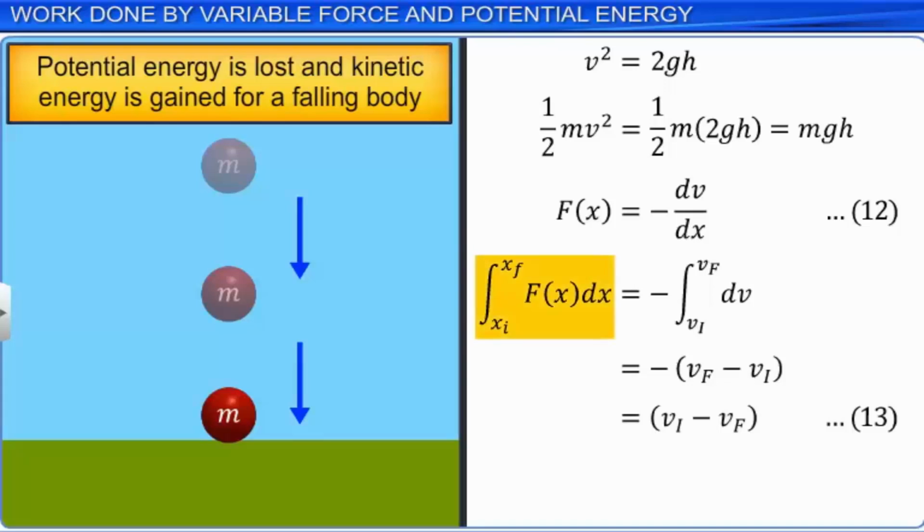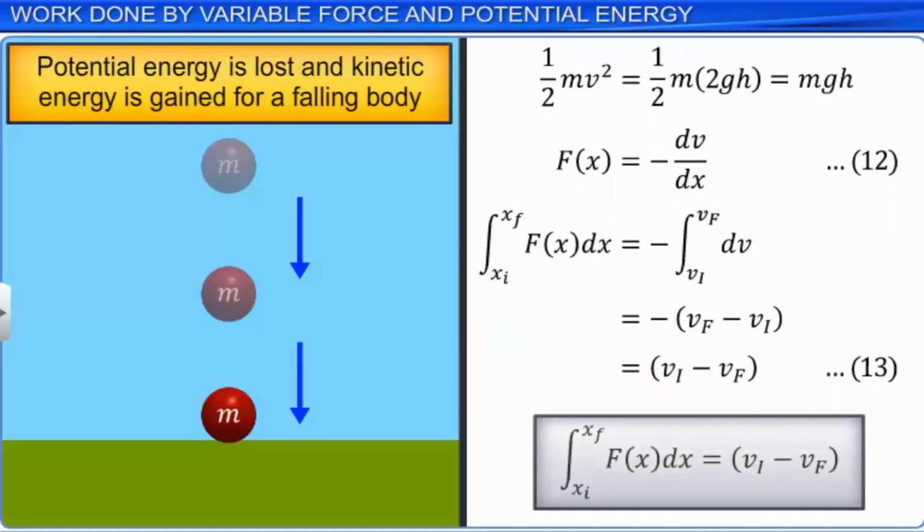Integral of F of x dx within the limits xi and xf is equal to Vi minus Vf. From equation 13, we can see that the work done on a body by the force depends on the initial and final positions only, and not on the path followed by the body.